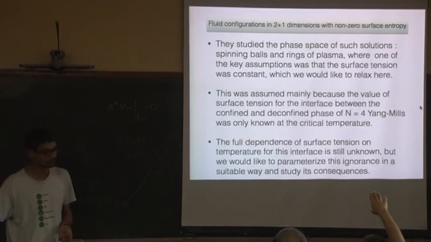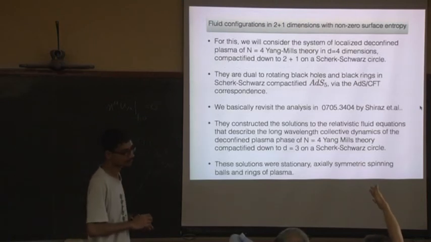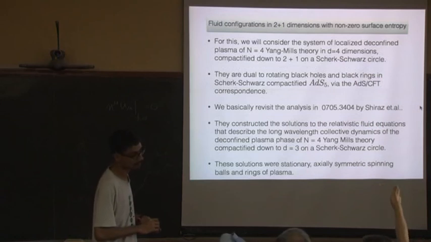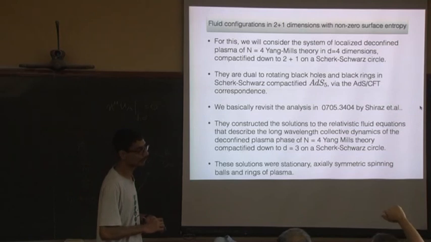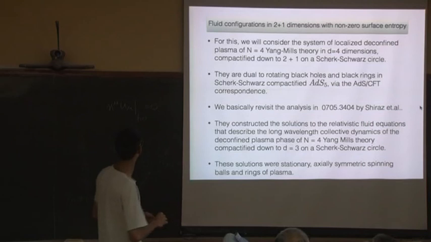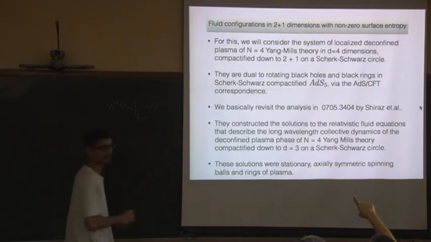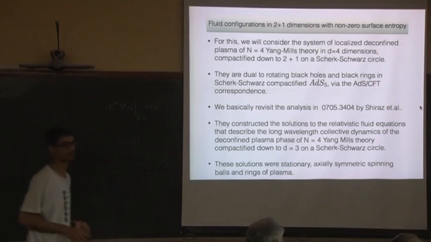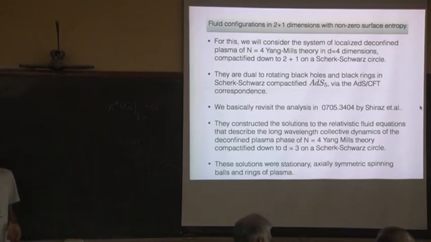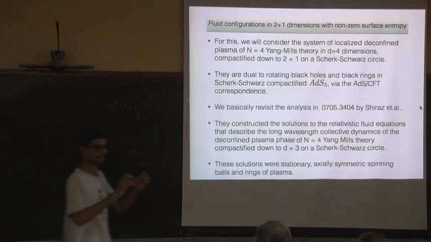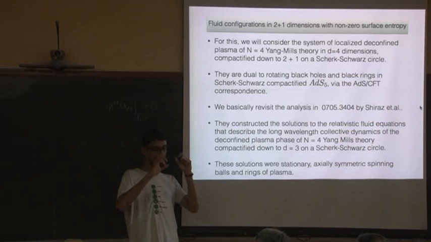If you were simulating a thermal circle, there is automatically a Scherk-Schwarz circle, right? But you don't want one more extra. So you have a space which is a Scherk-Schwarz circle. The confinement-deconfinement transition is when these two radii are the same.